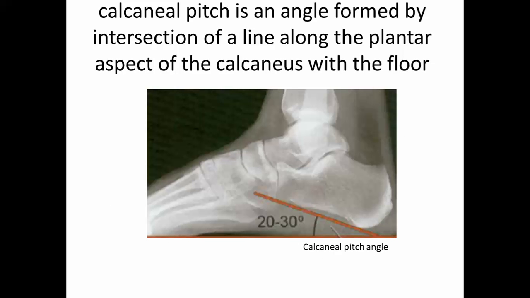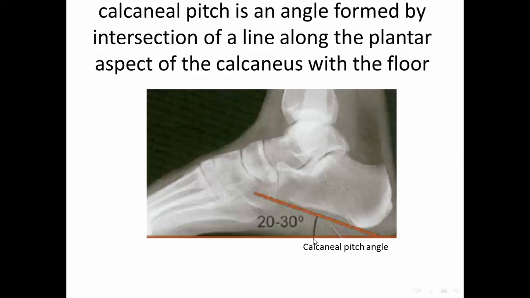This is the calcaneal pitch, formed by a line along the plantar surface of the calcaneum, intersecting the floor. It should be 20 to 30.